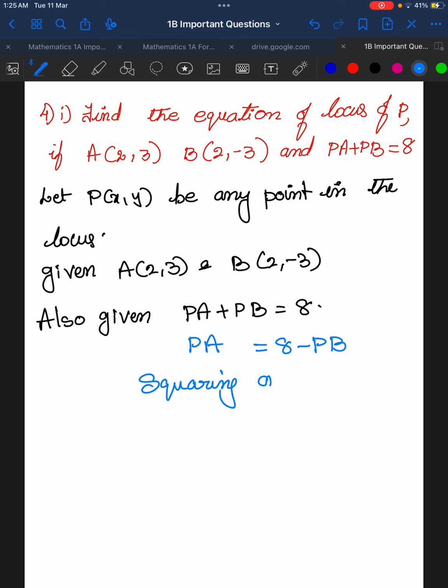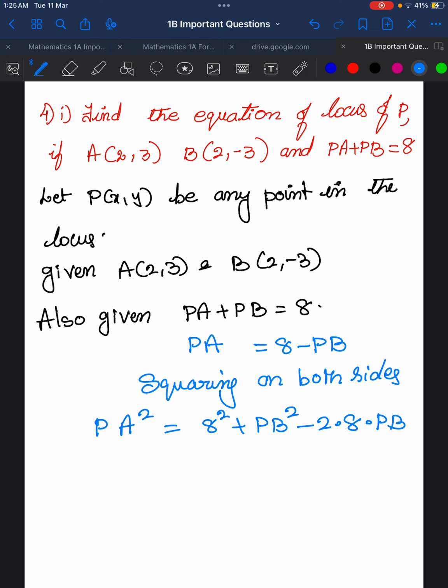What happens with squaring on both sides? It will become PA square. Right side, the (a minus b) whole square formula: 8 square plus PB square minus 2 into 8 into PB. Correct? PA square in the distance formula, the square root will be removed. Directly we can write values: x2 minus x1 whole square plus y2 minus y1 whole square.